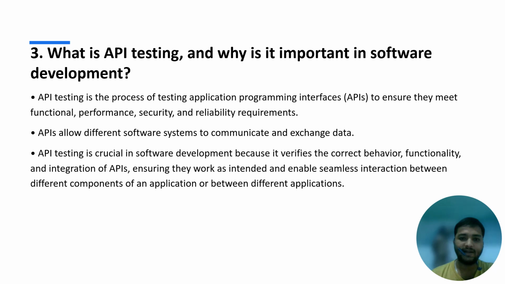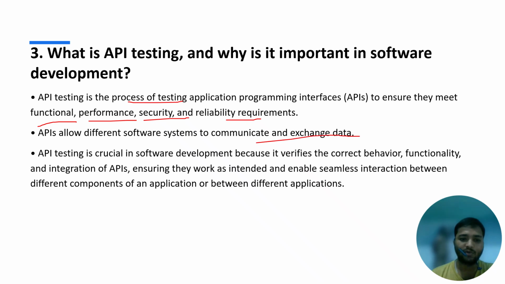What is API testing and why is it important in software development? API testing is a process of testing application programming interfaces to ensure that they meet the functional, performance, security, and reliability requirements. APIs allow different software systems to communicate and exchange data.